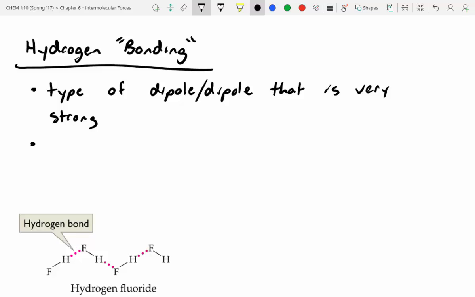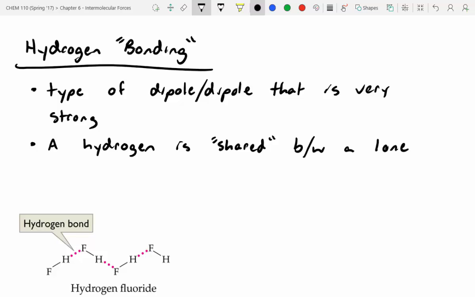And the easiest way to describe this is that a hydrogen is shared between two atoms. Specifically, it's shared between a lone pair and a very electronegative atom.